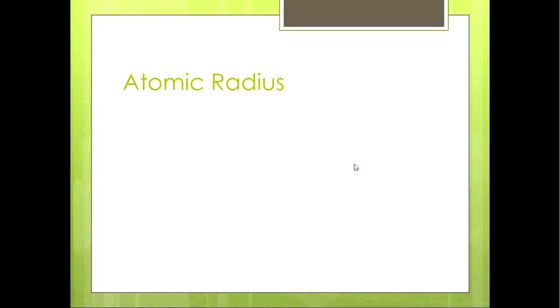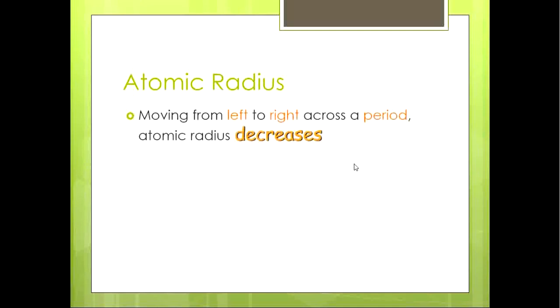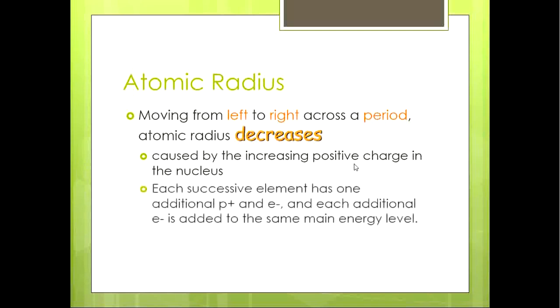Now moving left to right across a period, the atomic radius decreases. So it actually gets smaller as you move left to right. This is because of the force of attraction. As you go left to right, you're adding more protons. And so if you're adding more protons, that means the charge in your nucleus is getting stronger and stronger, right?